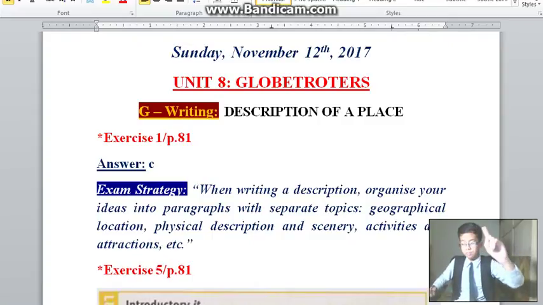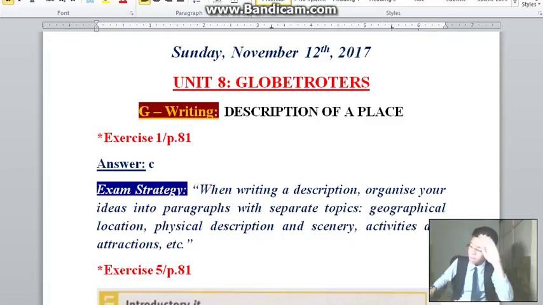And maybe the last paragraph, you can tell about attractions or your recommendation to go to that place. So we can put it into small paragraphs, each paragraph with only one topic, alright.